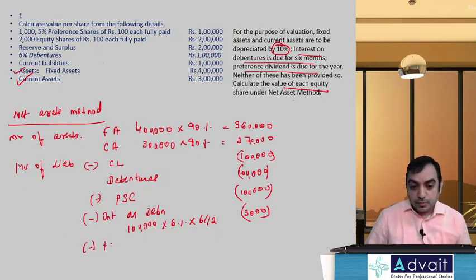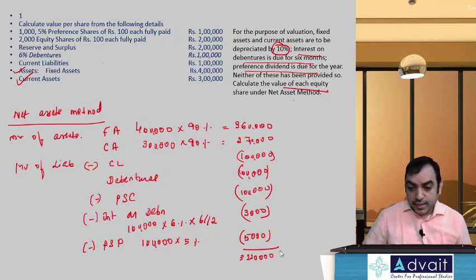Preference share dividend is 5%, so 1 lakh into 5% is 5,000. The net amount comes to 3,22,000.